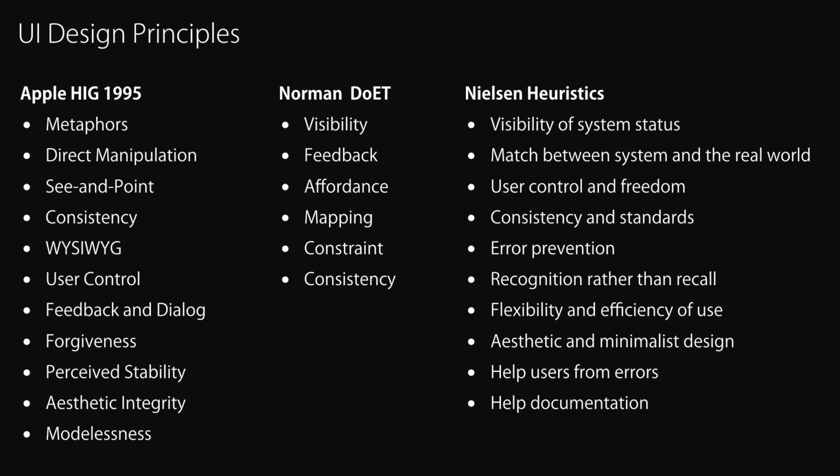This is also very popular. He said that the principles are visibility, feedback, affordance, mapping, constraint, consistency, something like that. The right one is from Jakob Nielsen's heuristics. He also said similar things, visibility or user control.